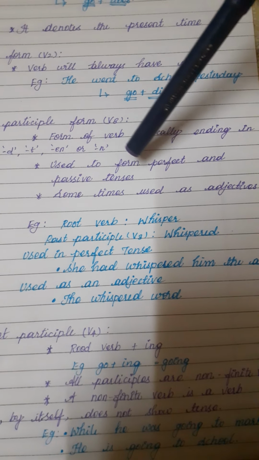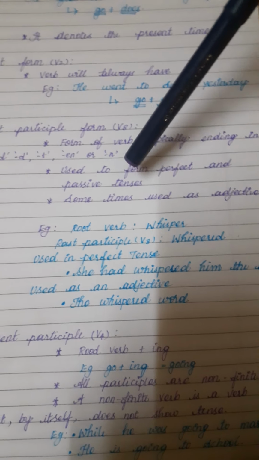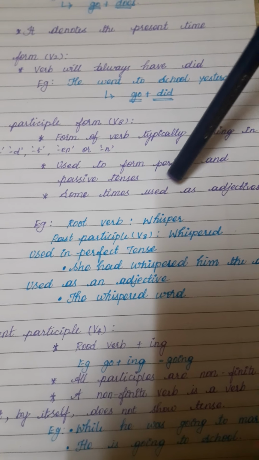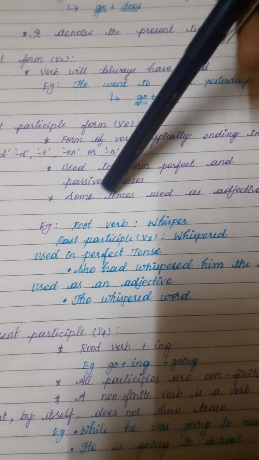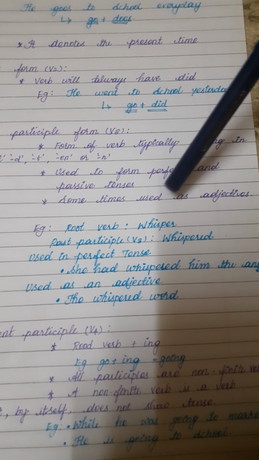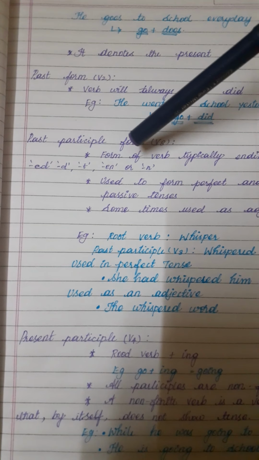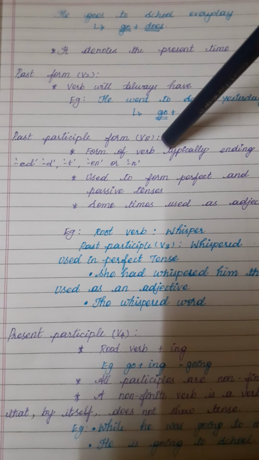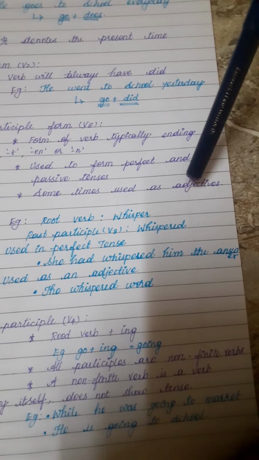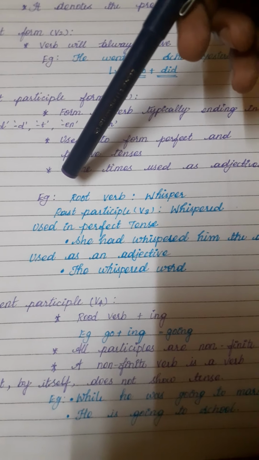This verb is used to form perfect and passive tenses. We use this verb only in constructing perfect tenses and passive tenses. Sometimes it is used as an adjective. This V3 form of the verb is used as an adjective in some cases. Let us see some examples.